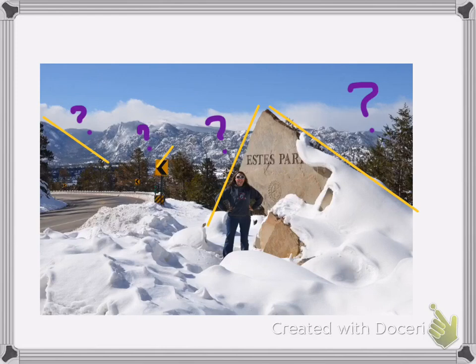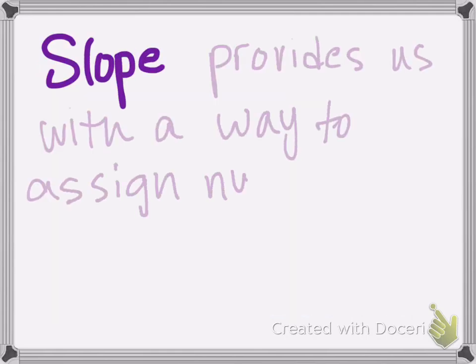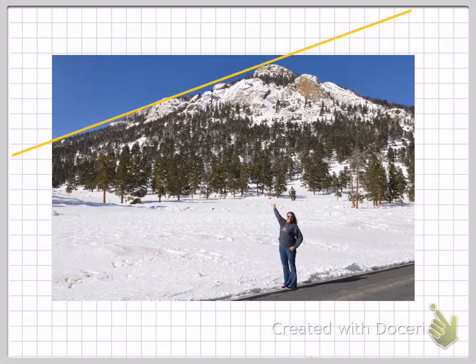There's one on that sign. There's actually two on that sign. But all of these have different slopes, and you needed a way to express that in numbers, not just by saying, well, it's more steep or less steep. So the slope provides us with a way to assign numbers to different steepnesses. It helps us speak the same language when we're talking about steepness.